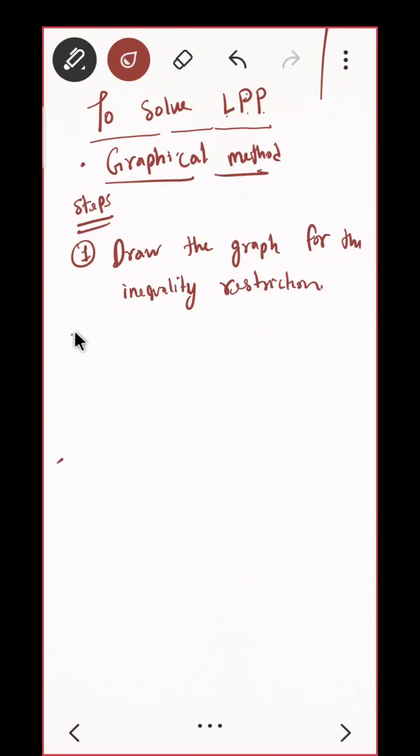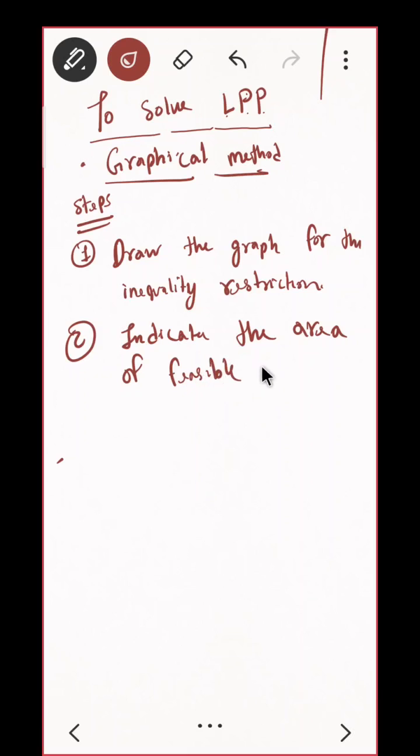The second step is to indicate the area of the feasible region, or solution, whatever you feel correct.